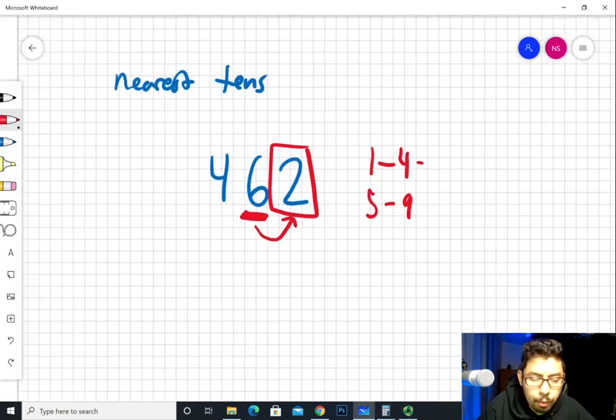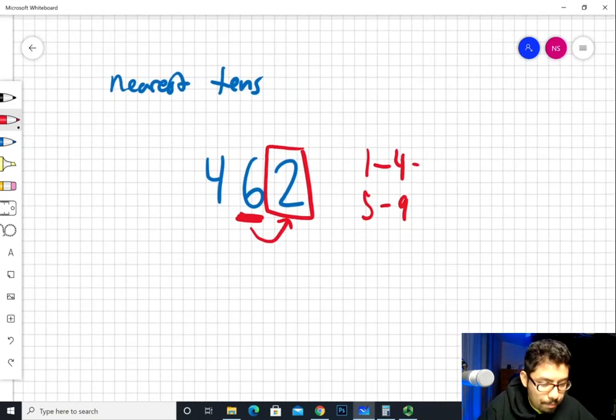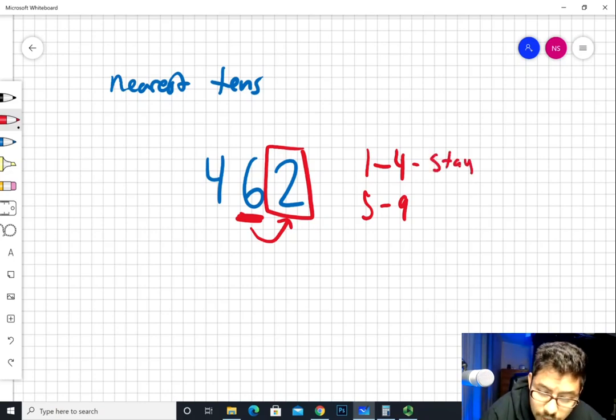The 1 to 4 rule says if this next door neighbor number, right next to the tens spot, which is what the question is telling me to round, is 1 to 4, your whole overall answer is going to stay the same.